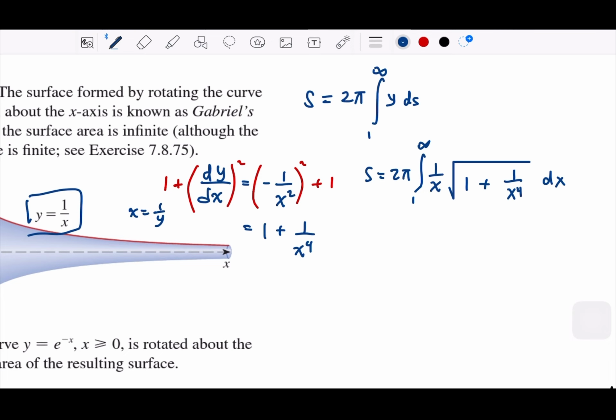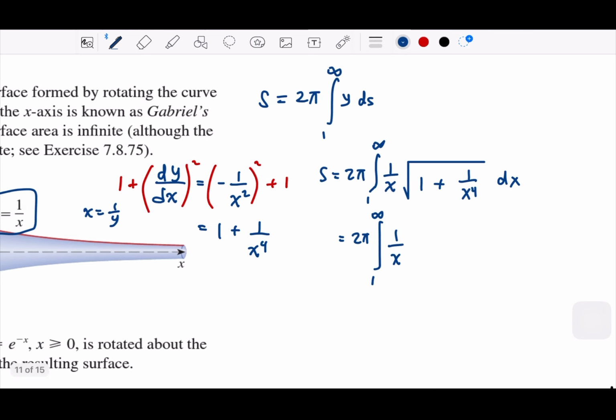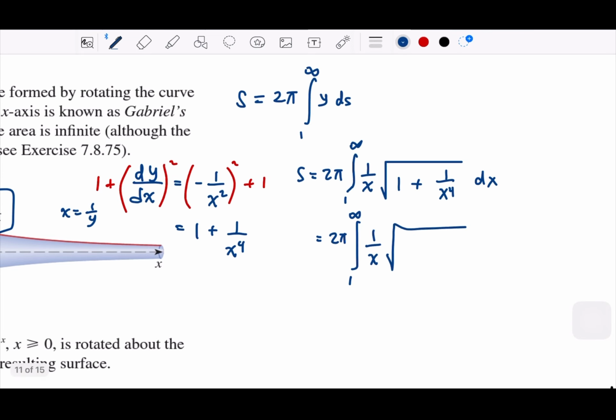Now let's simplify this square root. This will be the square root of x to the power of 4 plus 1, over x to the power of 4, dx.